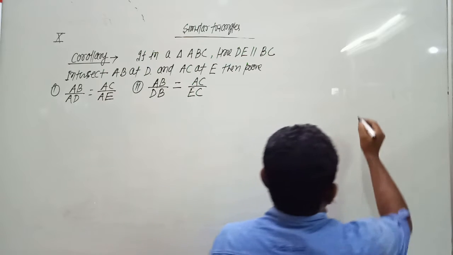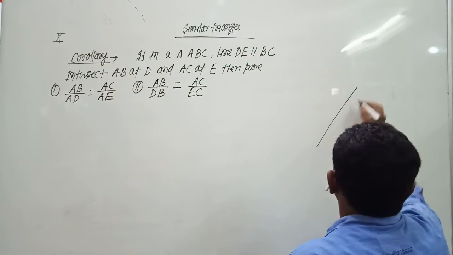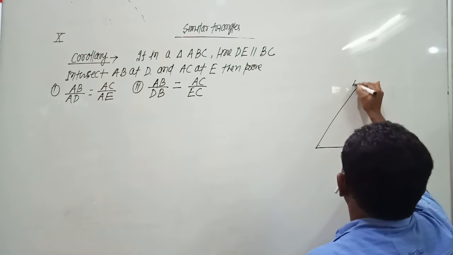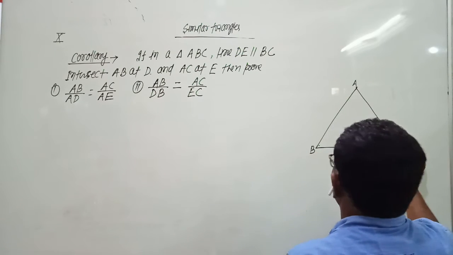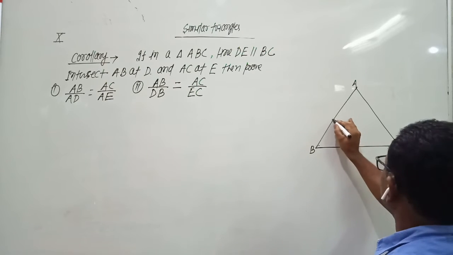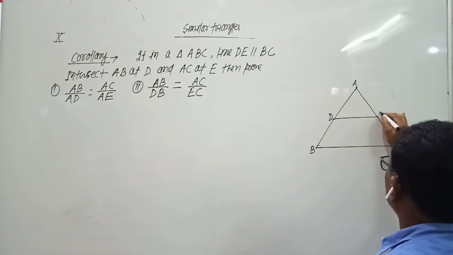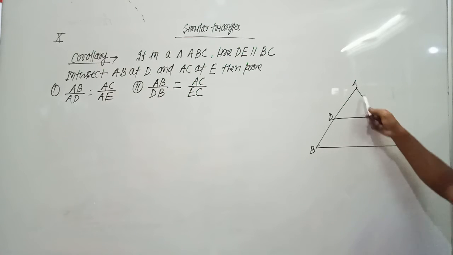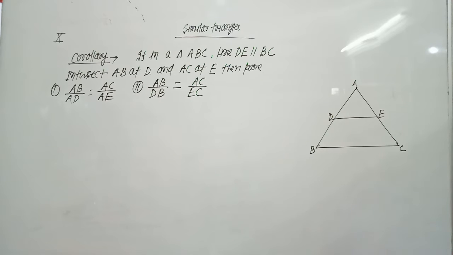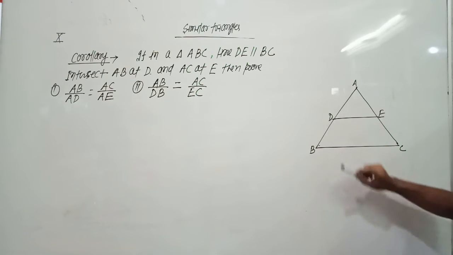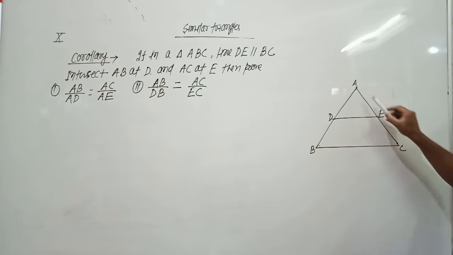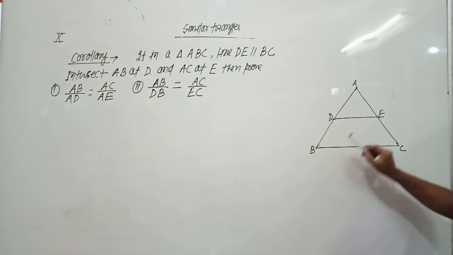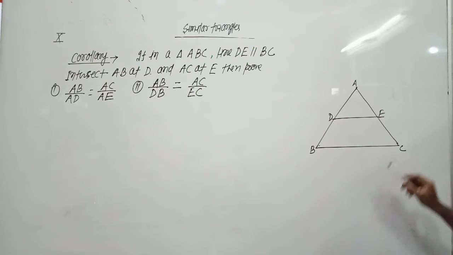So in a triangle ABC, line DE is parallel to BC, intersects AB at D and AC at E, then prove AB upon AD equals to AC upon AE, and the second part AB upon DB equals to AC upon EC.